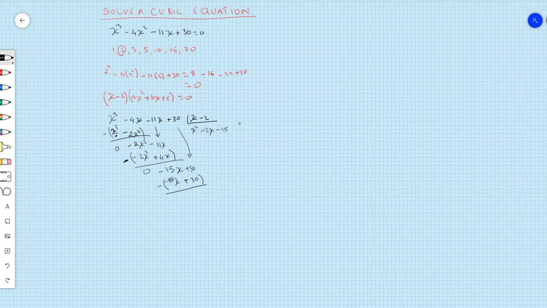Always don't forget your negative sign, and this will give you 0, right? So here's your quadratic equation you've been looking for, and this here will replace that, right? So now that you have this, all you have to do is find the zeros or the roots of this equation. Once you find these, then you're done. Then you've solved for the roots of all this big equation here.